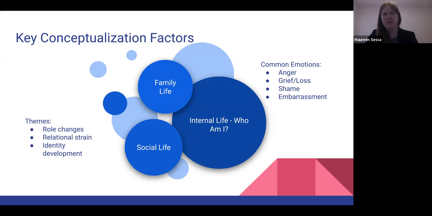What does that mean for me? This is not who I expected myself to be. And we can see what we can make of that. And there may even be some embarrassment or shame in relation to it too, if there are role changes or feeling as though you can't be the person that you thought you could be going forward. Now, of course, that would be something we work on in treatment, but these are things that you might hear in the room with a young adult.